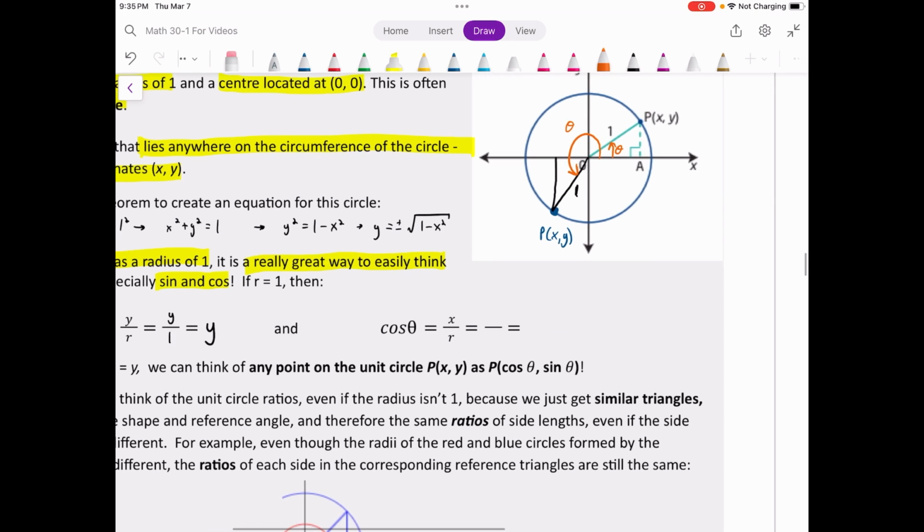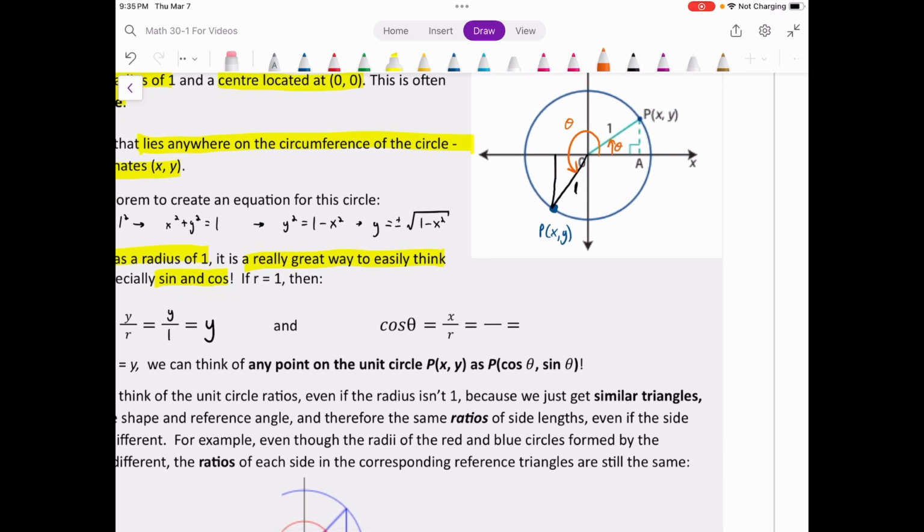Similarly, for cos theta, on the unit circle, well, always it's x over r, but on the unit circle, that becomes, well, r is 1. So the cosine of any angle where it intersects with the unit circle just becomes the x coordinate of that point where the terminal arm meets the unit circle. Do you see the logic there, right? So what is the cosine of this angle here?